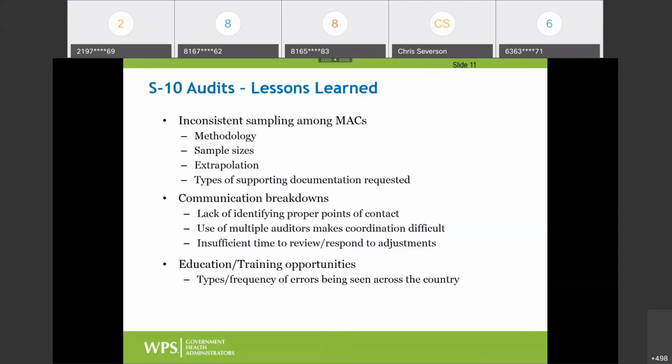I think in those instances, they take a small probe sample of a few claims to identify big error populations, and then give providers a chance to come up with a new listing. Based on our discussions with the other MACs and with CMS at the end of the year, they're aware of it. I think they're going to address those types of things on a go forward basis.